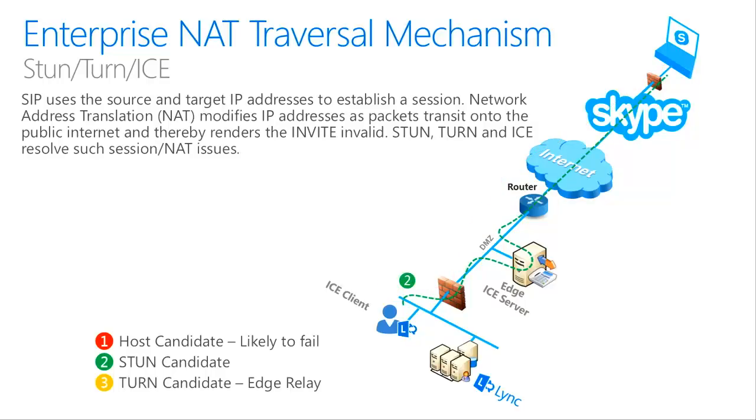And in that case, the edge server on the Skype side, on the Lync side, would actually kick in and help to do the call setup, as I'm showing here with this dotted line. That uses the STUN protocol. And once the call is established, the actual media goes peer-to-peer. Now contrast that with TURN. In the TURN case, both signaling and media flow through the edge server.